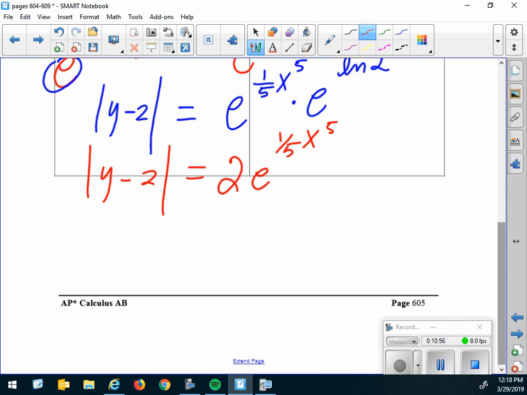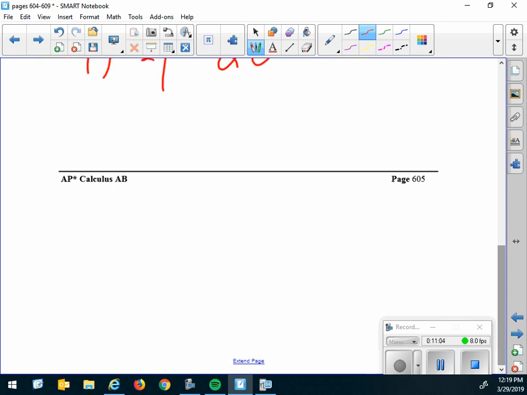Now, what we got to do is we got to figure out how to get rid of those absolute value bars. Let's answer that. What number or numbers have an absolute value of 3?